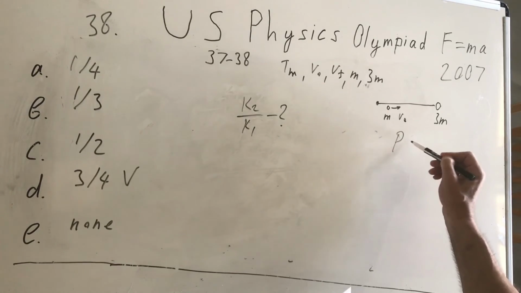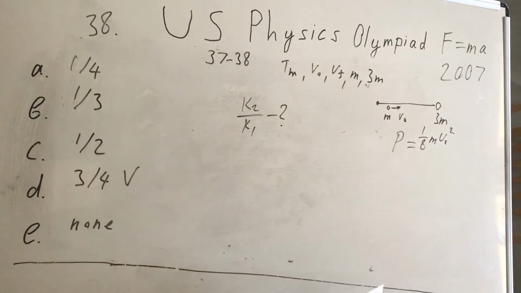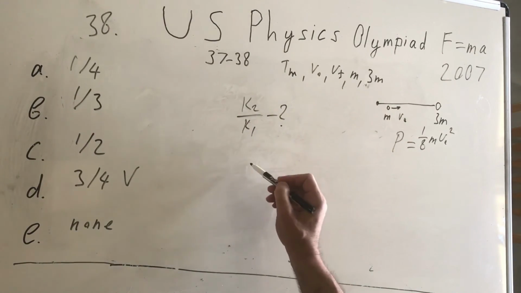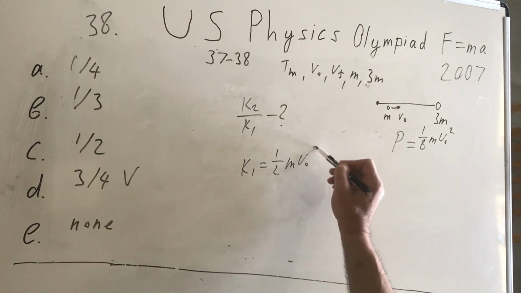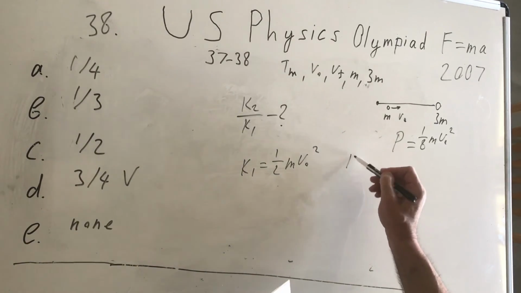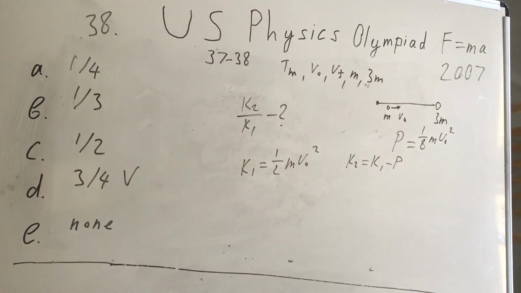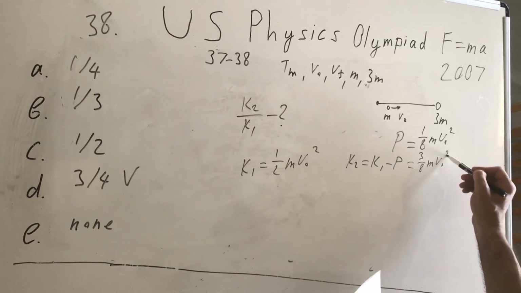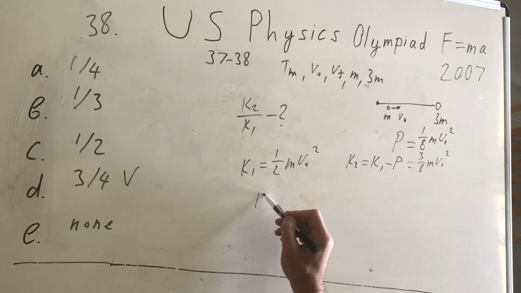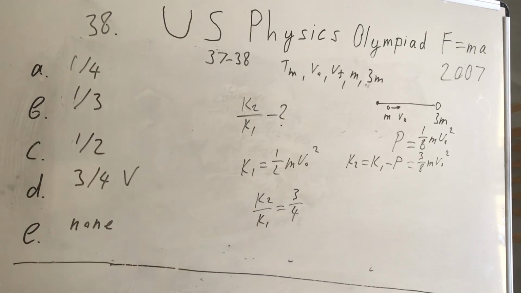That was P equal to 1/8 m v0 squared. And the initial kinetic energy K1 was 1/2 m v0 squared. So to find K2, we just need to subtract from K1 the lost potential energy, which gives 3/8 m v0 squared, and finally K2 over K1 equals 3/4, which is answer D.